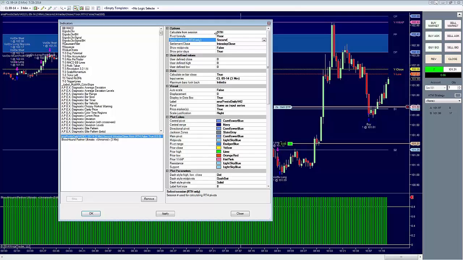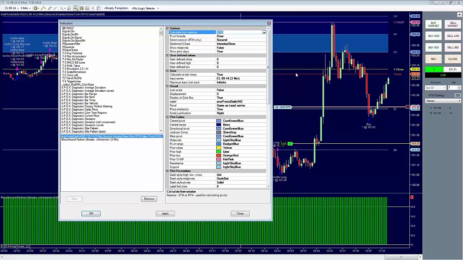A long time ago, well, not that long ago, but let's say 10 years ago, I would think there were more people using the regular trading hours to calculate the pivot points. But now that you have more and more people trading it globally, they're calculating the high and the low from the overnight market.